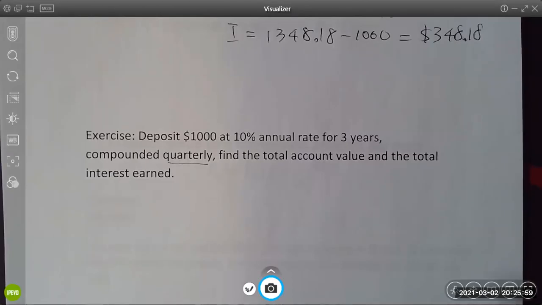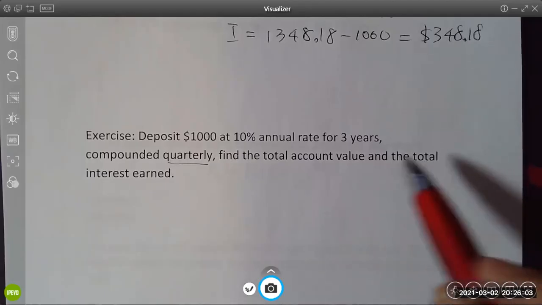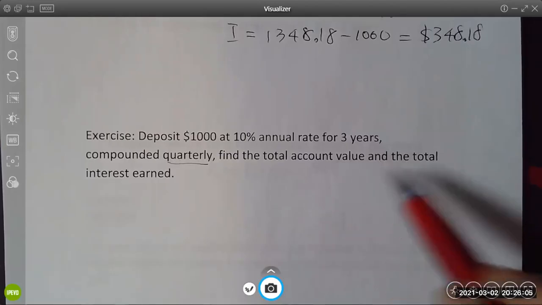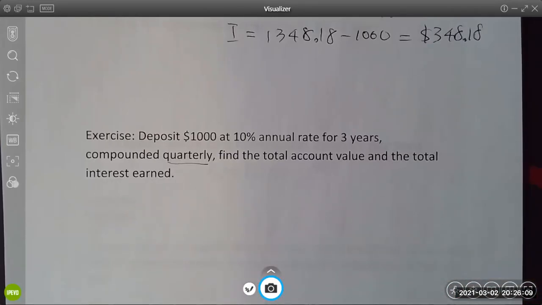Now, to see if this makes sense, sure, we calculate the total account value first, but in terms of total interest earned, what can we expect? When we compound it quarterly, we have 4 quarters a year, right? We do it every quarter. So K equals 4 in this case. When K equals 1, compounded annually, we get $331 interest.